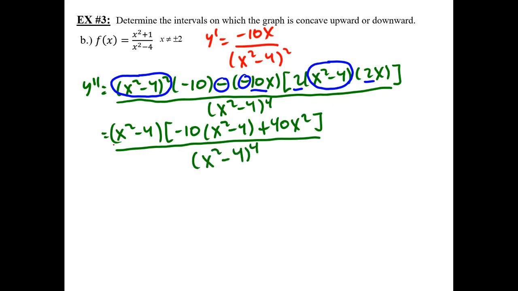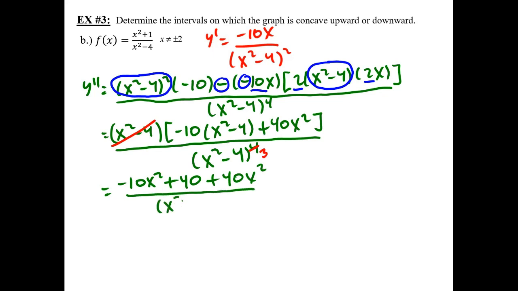Okay, so we need to cancel this and cancel din yung 4, magiging 3 na lang siya. So simplify the numerator, negative 10x squared plus 40 na siya kasi negative times negative plus 40x squared all over x squared minus 4 raised to 3.